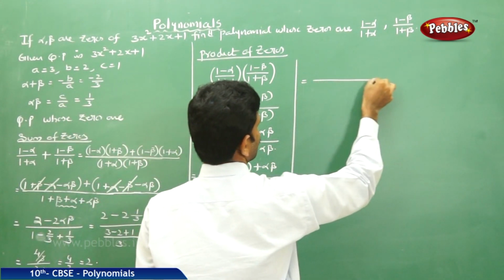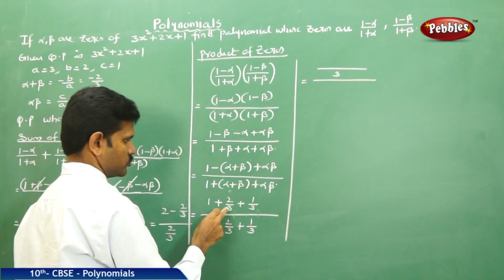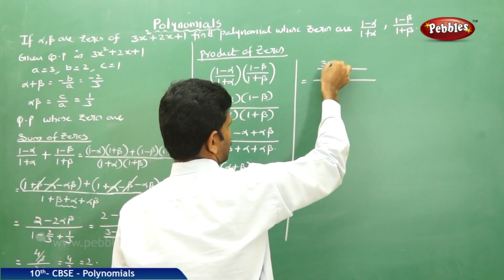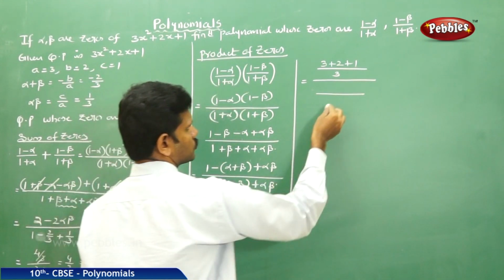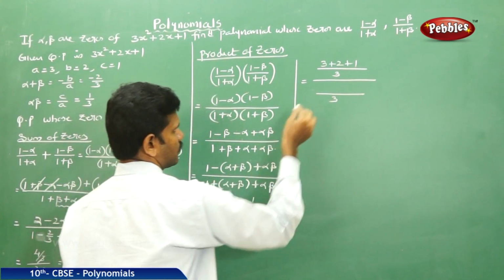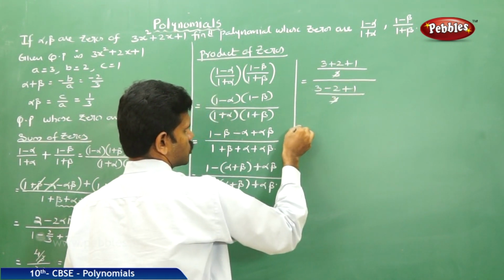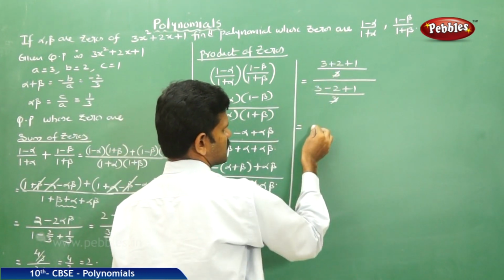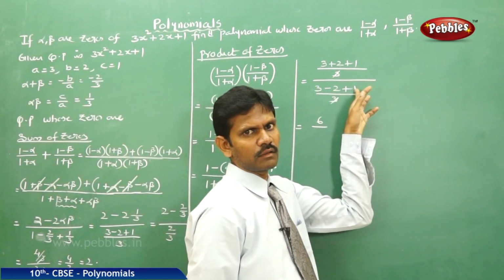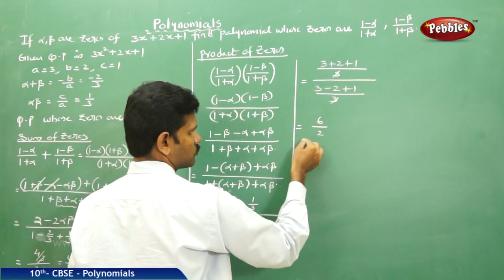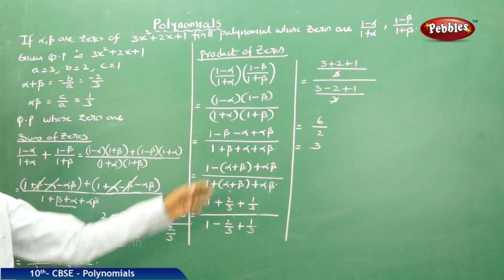In the numerator the LCM is 3: 3 ones are 3 plus 2 plus 1. In the denominator the LCM is also 3: 3 ones are 3 minus 2 plus 1. The 3s get cancelled. Numerator simplification: 3 plus 2, 5, plus 1, 6, by denominator value 3 plus 1, 4, by 2, that is equal to 2, that is 3. Now the product of zeros is 3.